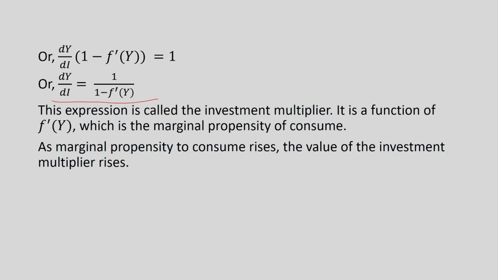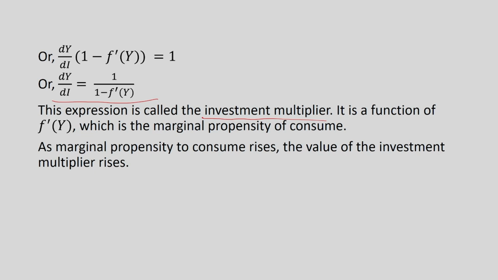Now, this is a very important expression in macroeconomics. This expression is often called the investment multiplier. So, what it tells us is the rate of change of income, which is the GDP of the country, if investment expenditure changes by 1 unit, right.